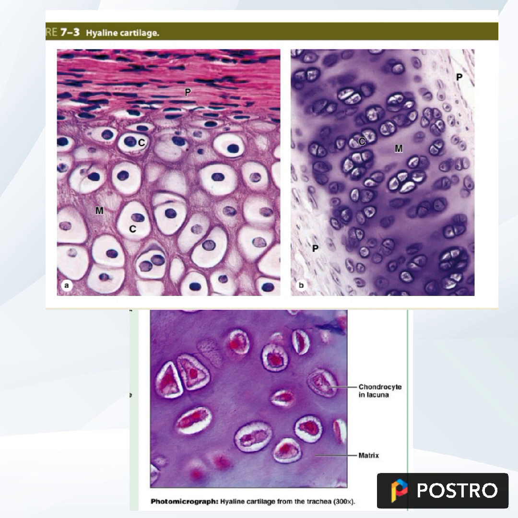The cells in each isogenous aggregate all come from the same cell which underwent mitotic cell division. They appear as isogenous aggregates, that is, groups of cells which have the same mitotic origin.